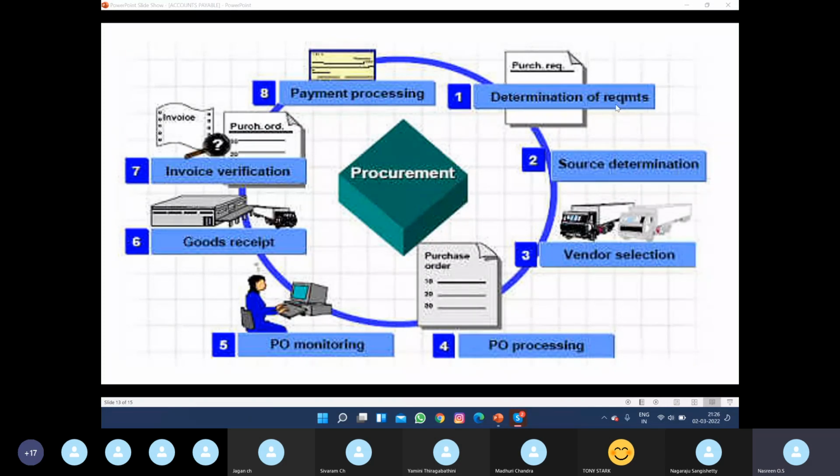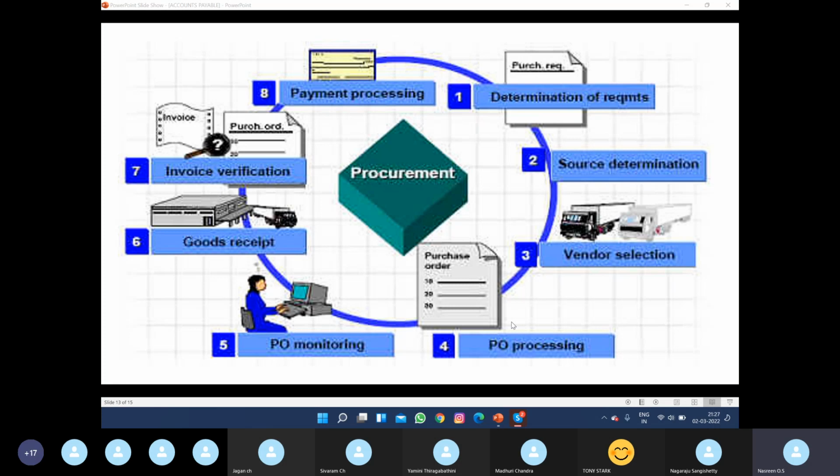After determining the requirements, that is 10,000, and after determining the source of transportation, that is by roadways, we have to select the vendors. Whom do we select? We don't select the vendor who is going to give us a higher rate. We actually select those vendors who are going to supply us the raw materials at a cheaper rate.